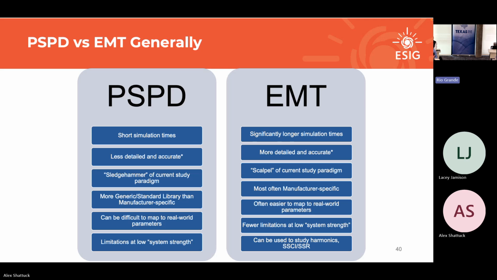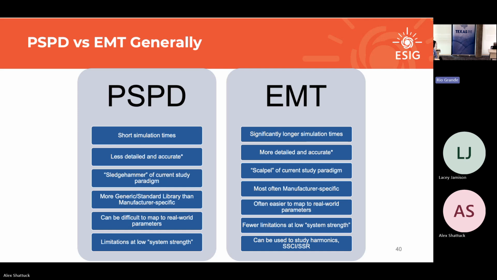My number, which is not what everyone else uses, so this is my opinion, is SCR 5 or below is about where you start seeing, for lack of a better term, weird stuff happen in the PSPD world. That's not to say it's always wrong. It just might be strange. And it might not be controller related. It might not be code related. It's just that the simulation engine is not great at that level of system strength because of the way it works and the calculations it's using.